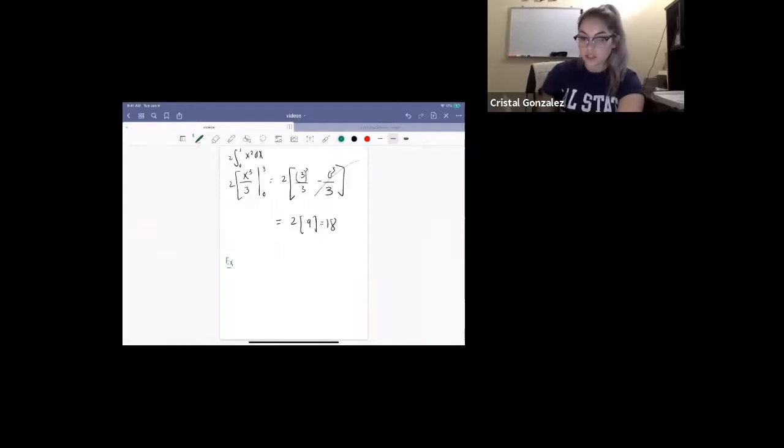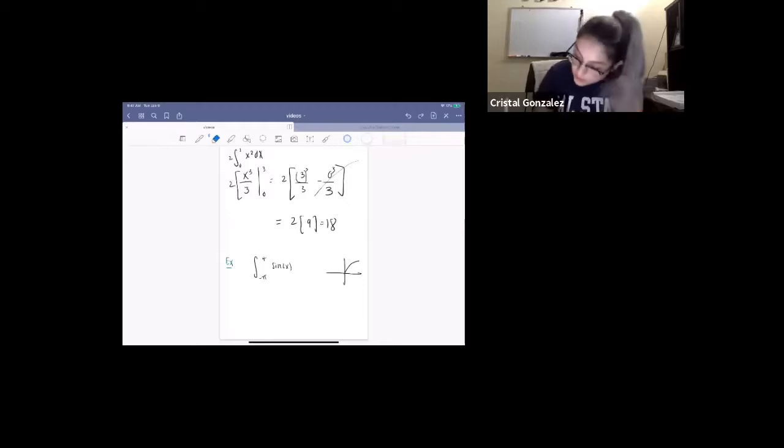So let's say you were integrating from negative pi to pi of sine x. Now sine x is an odd function. If you recall, sine x looks like this, and then like this, and it just keeps going over and over again.